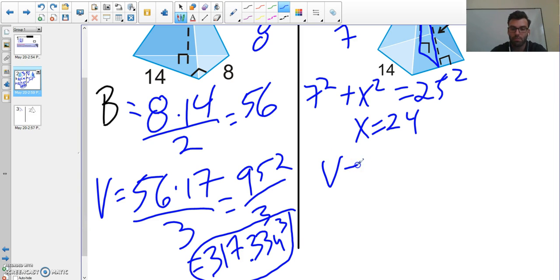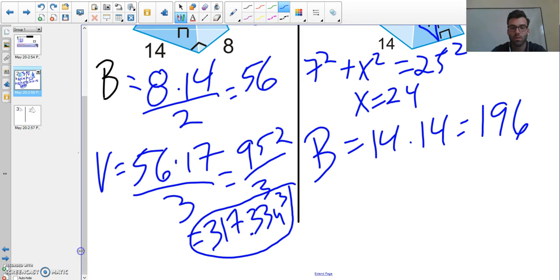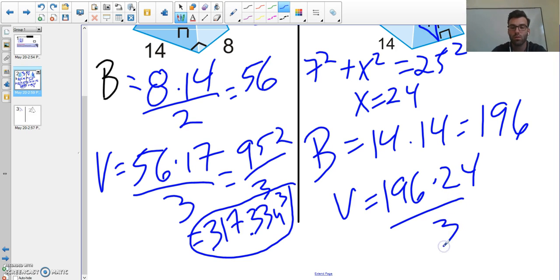So to find the volume of this pyramid, I need the area of my base, which is a square, so that's 14 times 14. So the big capital B is 14 times 14, which is 196. Again, the volume equals 196 times 24 all over 3.